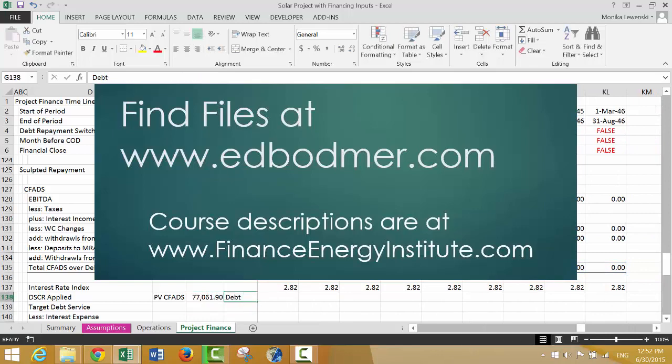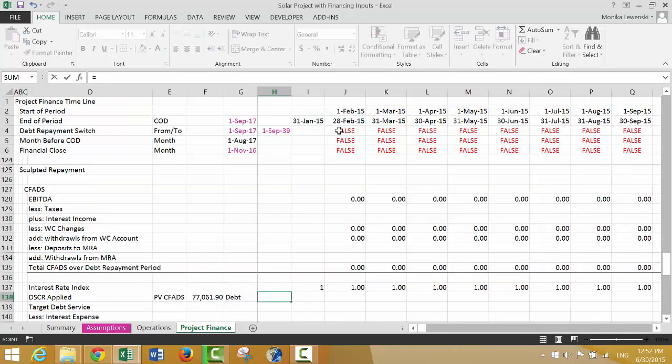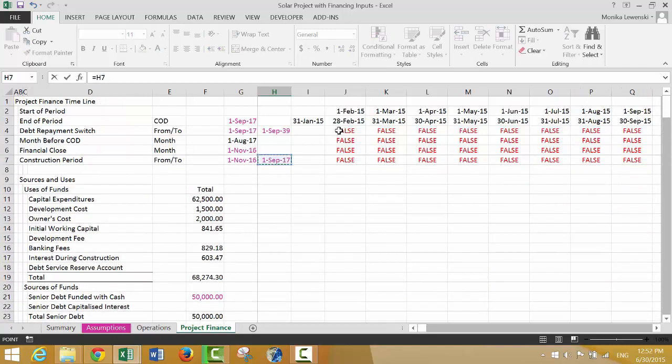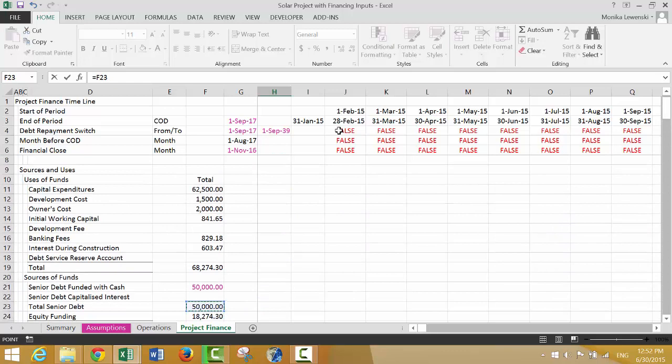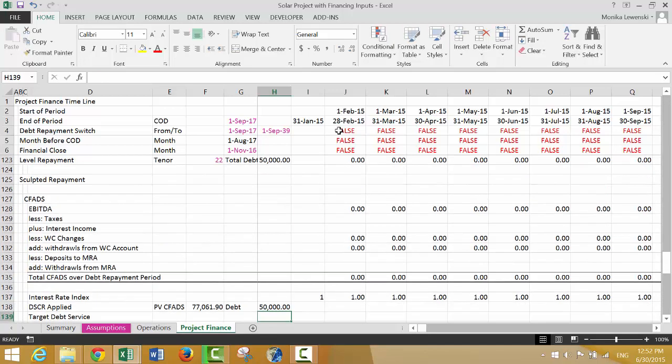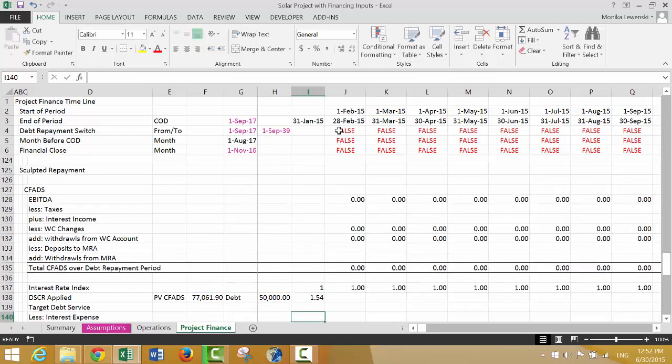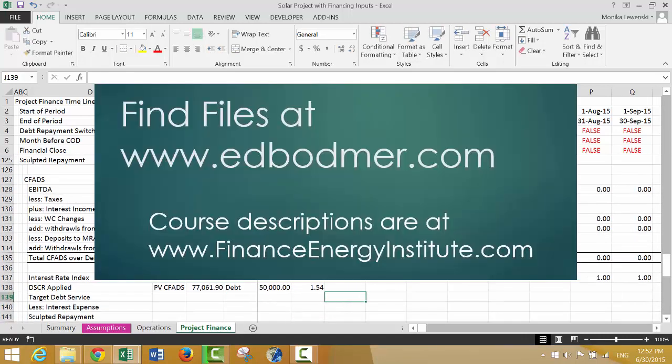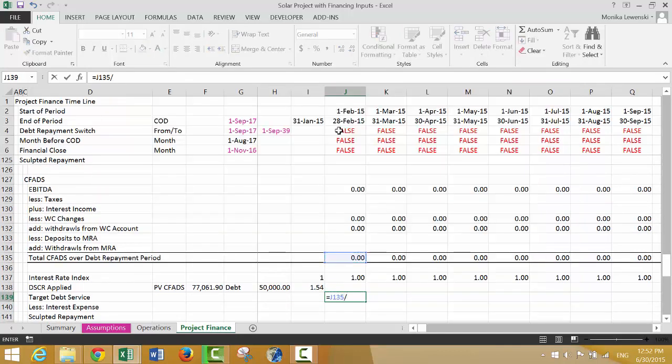Okay, and then the debt is this time, and again, remember we have this horrible problem with the capitalized interest. This would have to be the total amount of debt. So our DSCR implied by this scenario is this one. So now our target debt service is just the cash flow available for debt service divided by this.